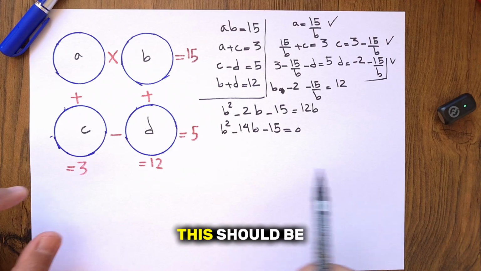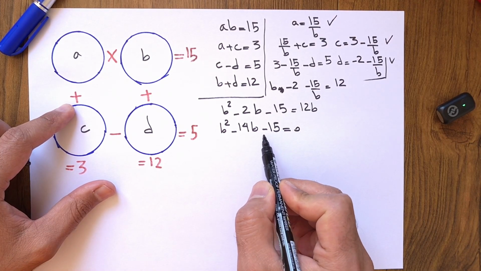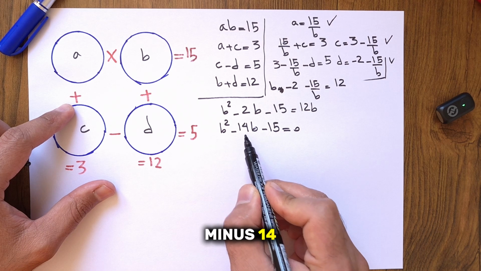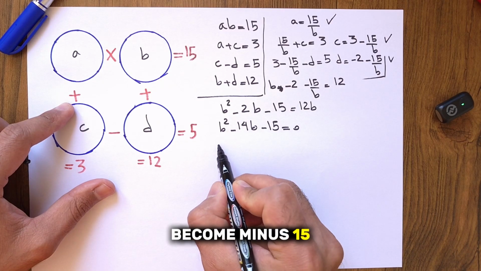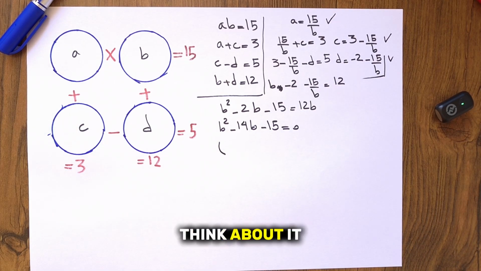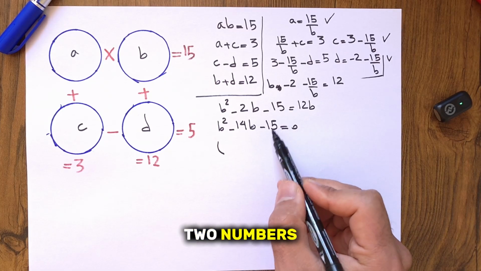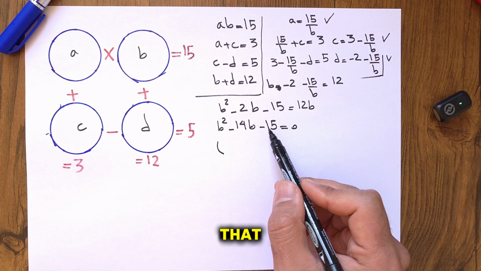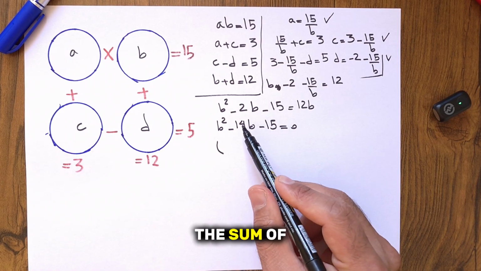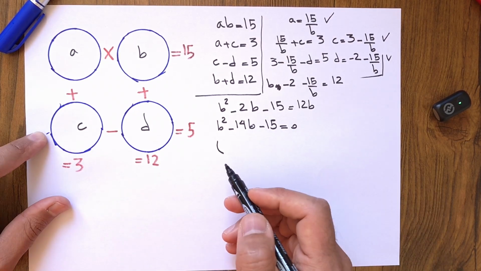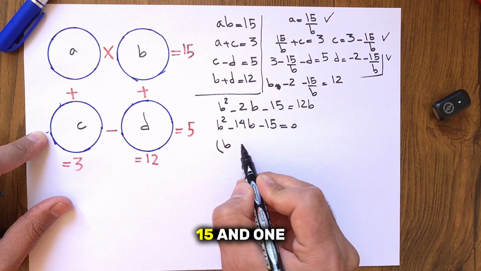I think this should be kind of obvious. Two terms, if we add them together, they are minus 14. If we multiply them together, they become 15. Think about it for a couple of seconds. Two numbers whose product is 15 and whose sum is minus 14. That's minus 15 and minus 1, right?